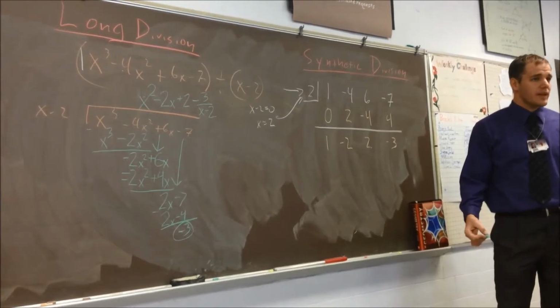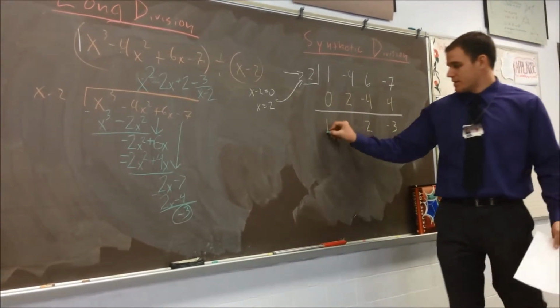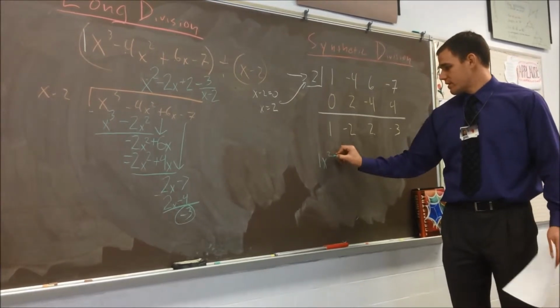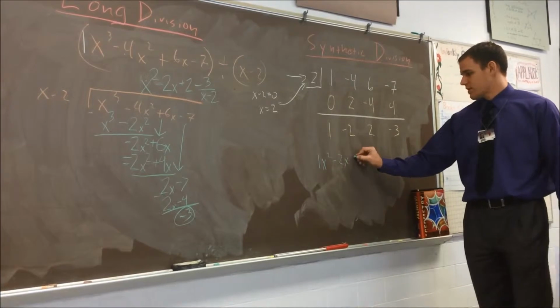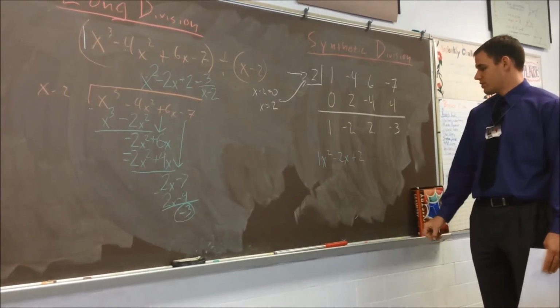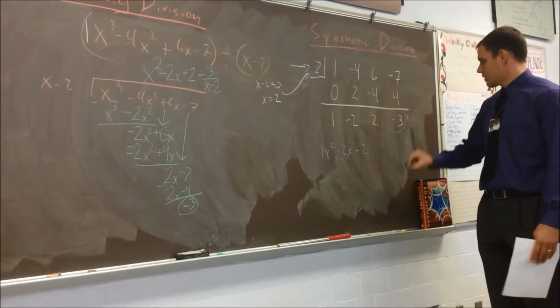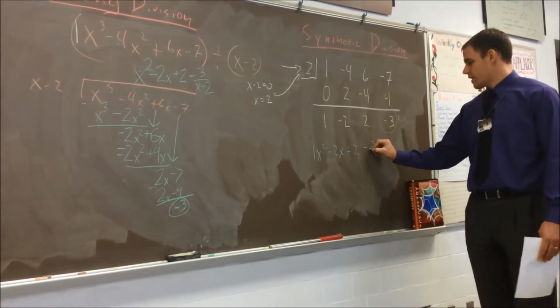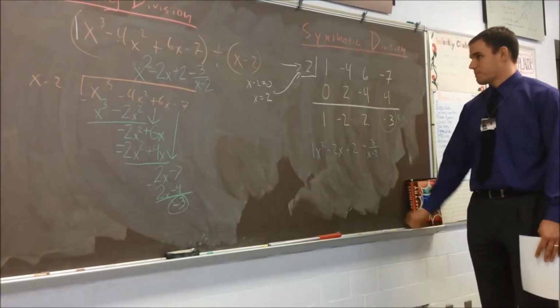So the first term is going to be x squared, yes? This is 1x squared minus 2x plus 2. Then I have my remainder right here. Minus 3 over x minus 2.